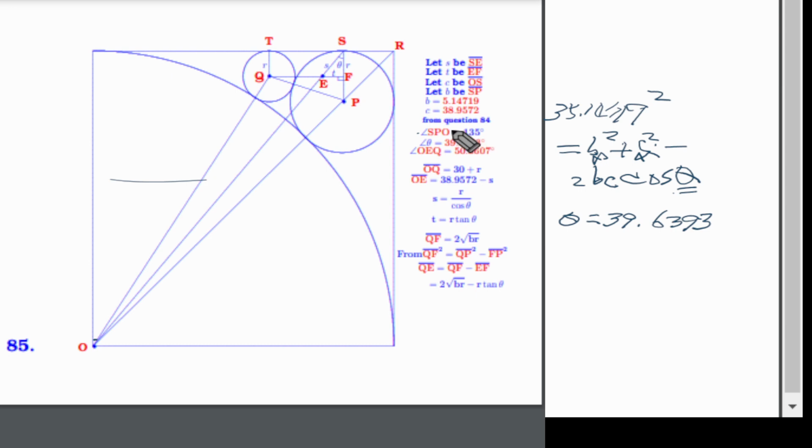That means, if this one is 39 something, then this angle and that angle are the same, so that value comes out to 50.3607.